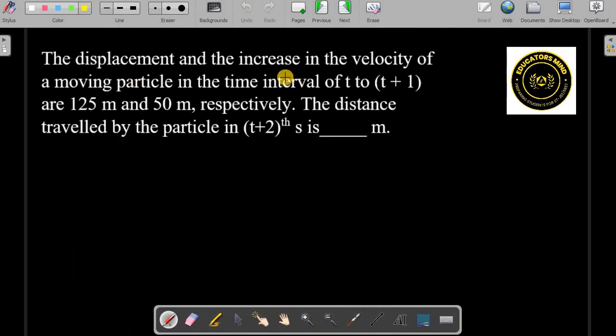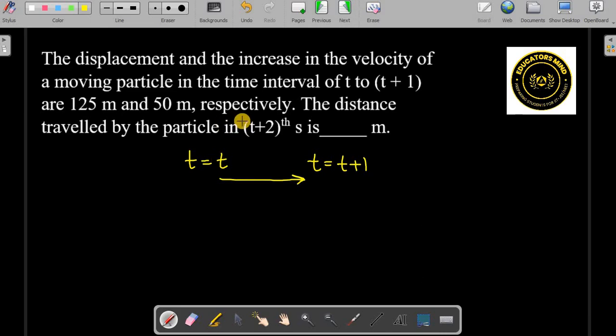Next question: the displacement and the increase in velocity of a moving particle in the time interval of t to t plus 1 are this and this. So time is from t to t plus 1, so this is an interval of 1 second only. The velocity is given, the displacement and the increase in velocity of a particle.